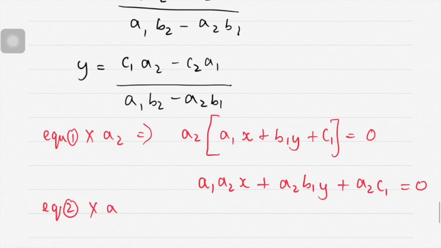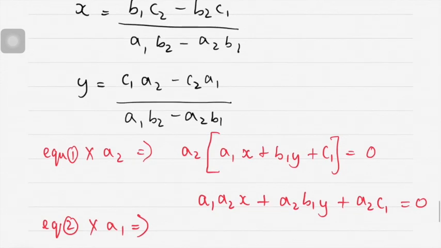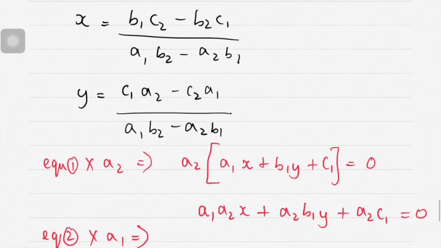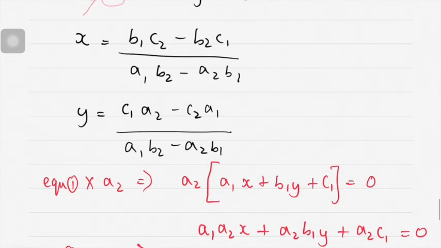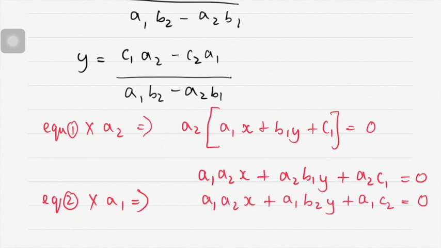Now multiply equation 2 with a1. When you multiply equation 2 with a1, we get a1a2x plus a1b2y plus a1c2 is equal to 0.